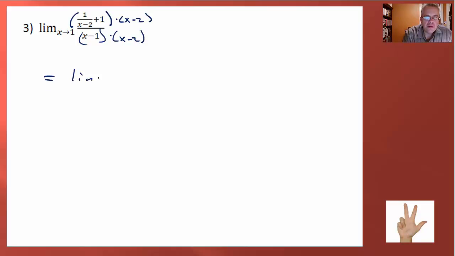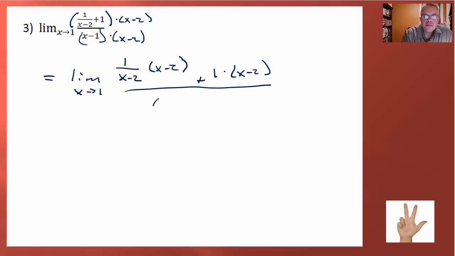Okay, so we get the limit as x approaches 1. When I distribute, okay, I'll keep writing it out until we're really, really good at this. x minus 2. Sometimes I want to skip some steps, but I want you to see what's going on. Plus 1 times x minus 2 all over x minus 1 times x minus 2. Okay, what did I do? I just distributed this. I multiplied this times the first quantity, then I multiplied it times the second quantity. All right, here we go.